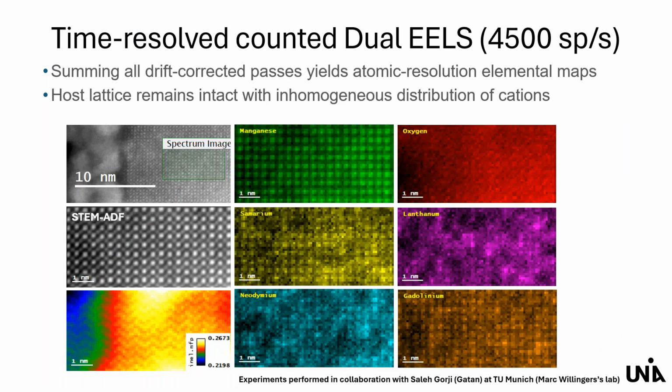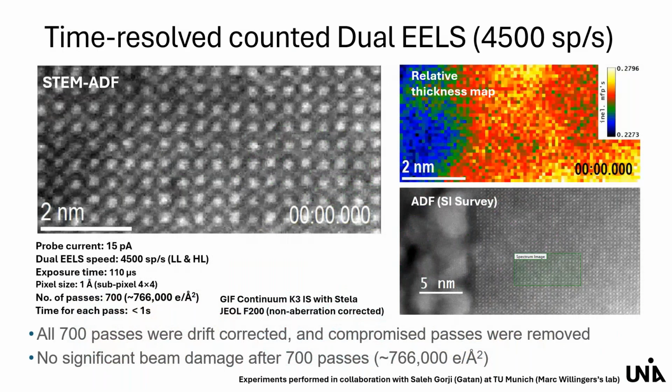The other question is, what is the pixel time for the time resolved counted dual EELS? This is the last set of data that you showed. It's written here that it is 110 microseconds.